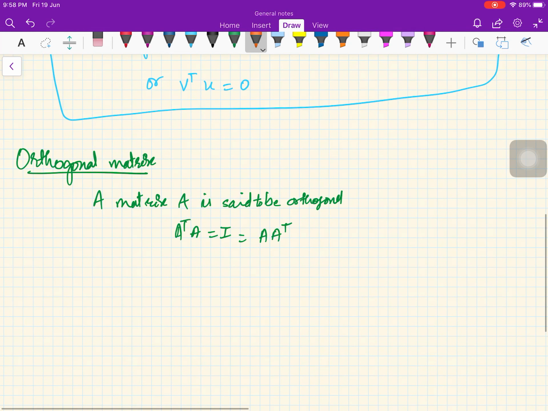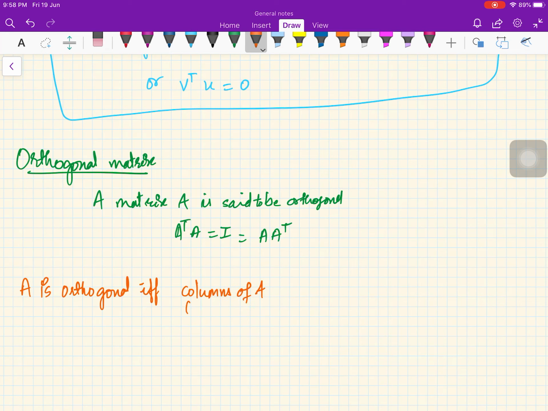We have a result which says that A is orthogonal if and only if the columns or rows of A are orthonormal.